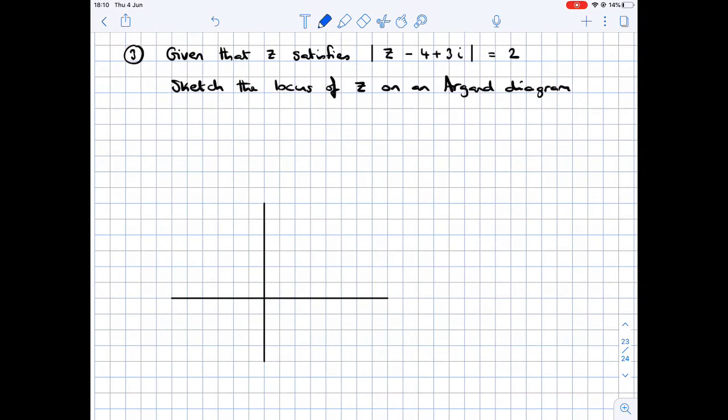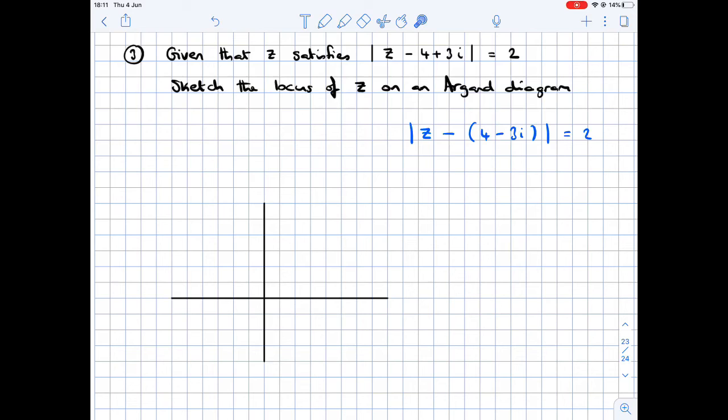Question 3. We're given that z satisfies this equation, so the modulus of z minus this complex number equals 2. So this tells us the radius is going to be 2. However, we need to be careful here. We need to first of all look at this point, so z minus, and we need to have it in the form where we're subtracting the whole number.